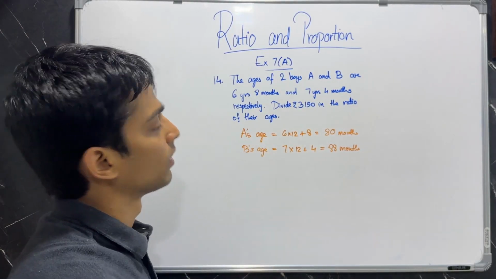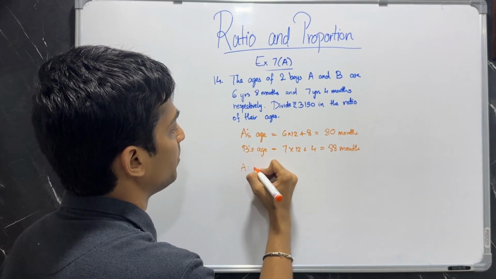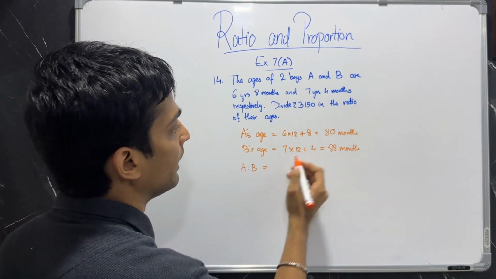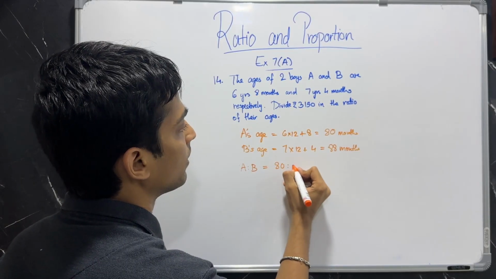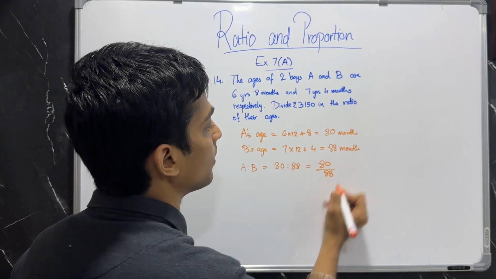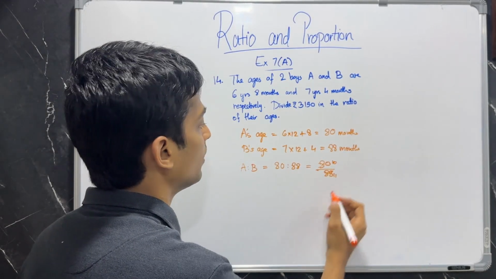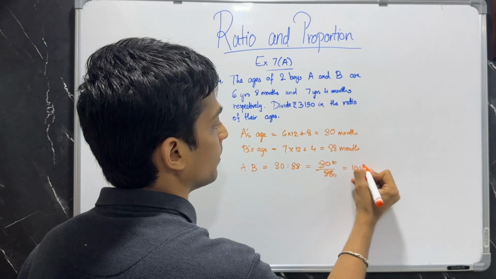We can find the ratio now. Let's find the ratio. A is to B is 80 is to 88, which is equal to 80 upon 88. We can cancel this by 8. 8 tens are 80, 8 elevens are 88. So the ratio is nothing but 10 is to 11.